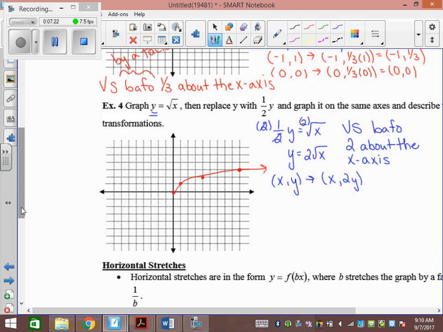So if I plug in (0, 0), I'm going to get 0 and 2 times 0, which is (0, 0) still. So it's invariant. If I plug in a 1, I'm going to get 1 and 2 times 1. So I get (1, 2).